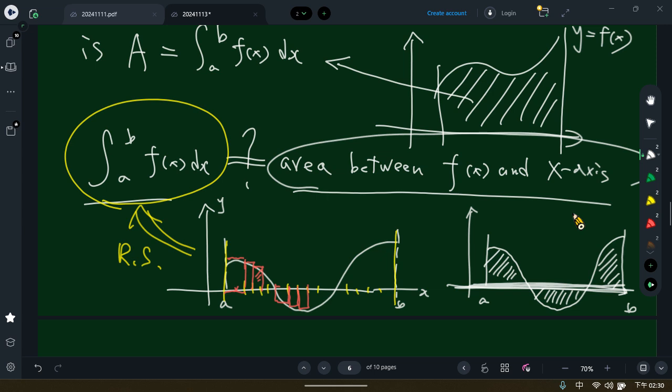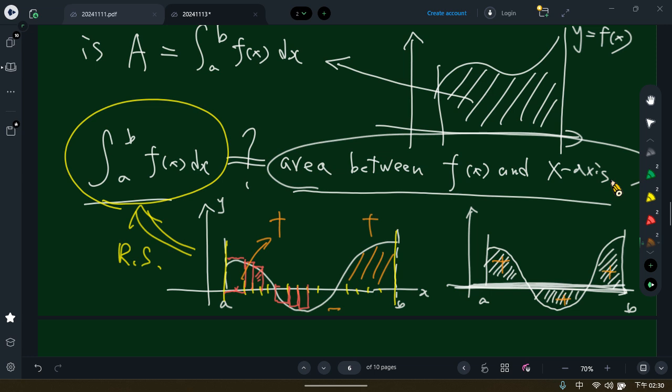So, for example, in the left case, this part will be positive, and this part will be positive. However, this part is negative. But for the area between f of x and the x-axis, this should be positive, this should be positive, this should be positive.